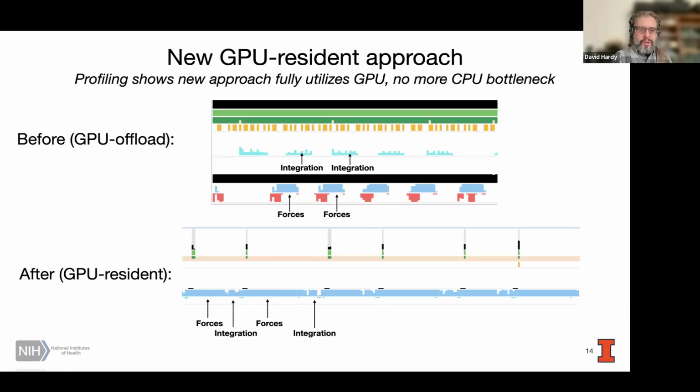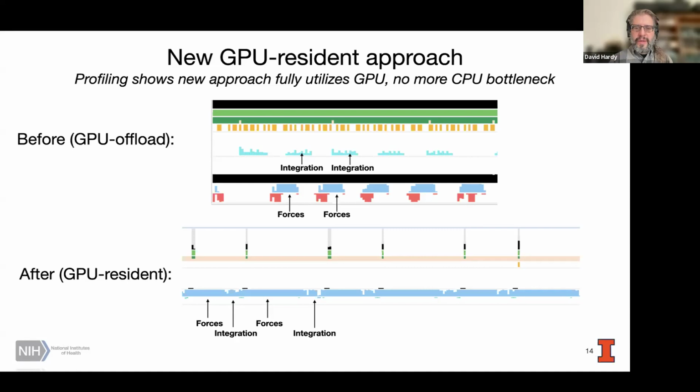And so when we look at the GPU offload mode running, we see here the calculation in blue, and we see the communication that's done back and forth in red, and we see that for the GPU line, we're really not keeping the GPU fully occupied, and so all the work that's being done on the CPU is causing a bottleneck to the calculation.